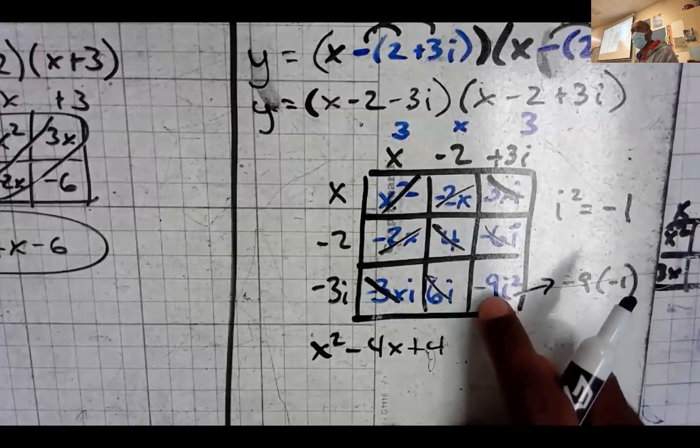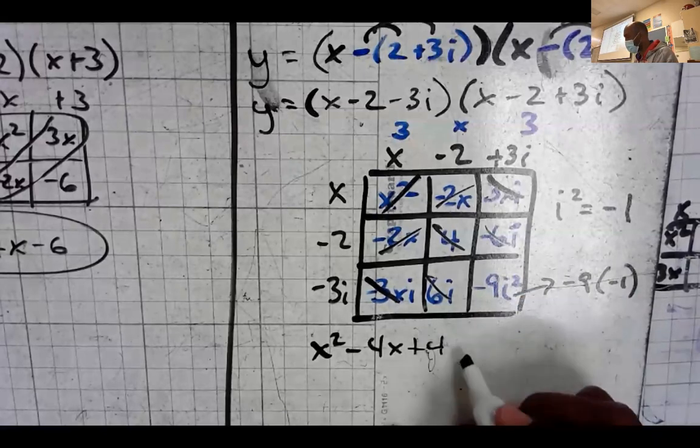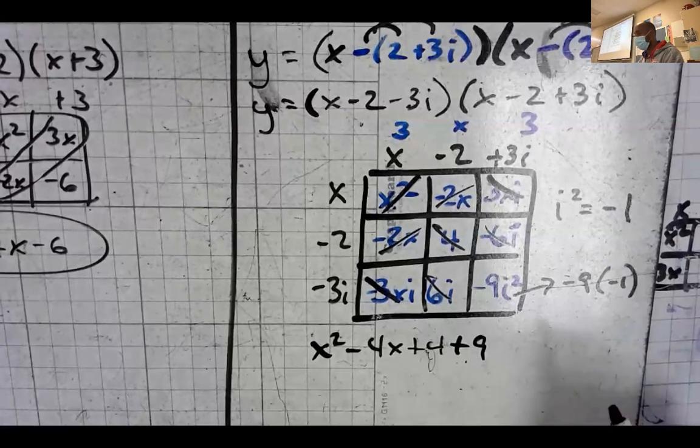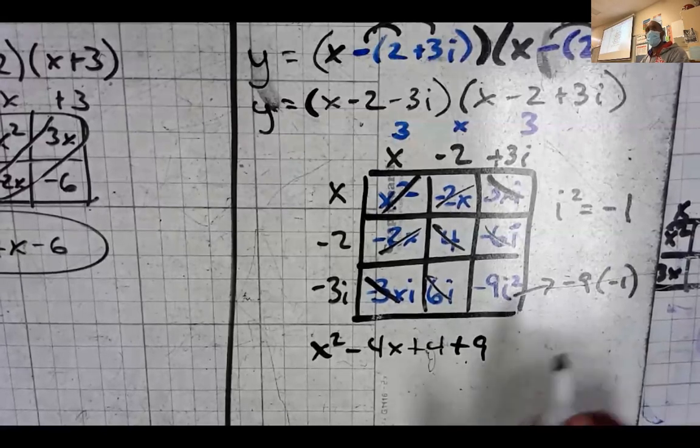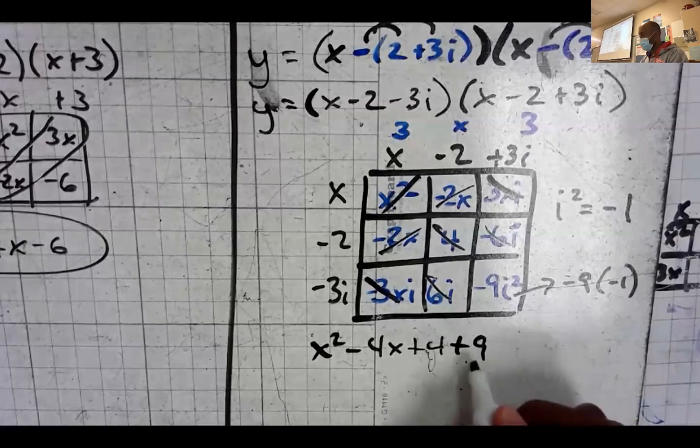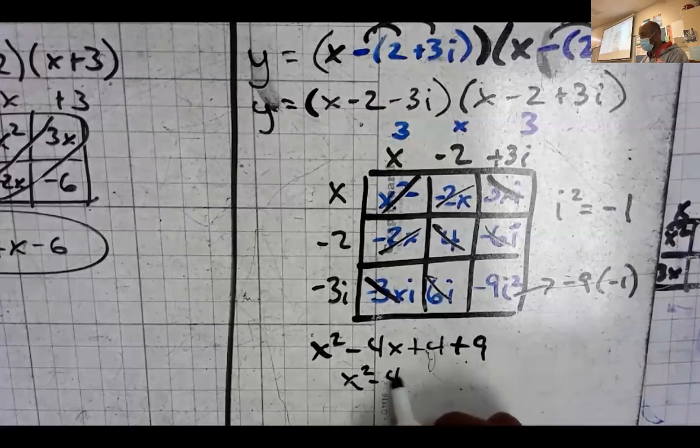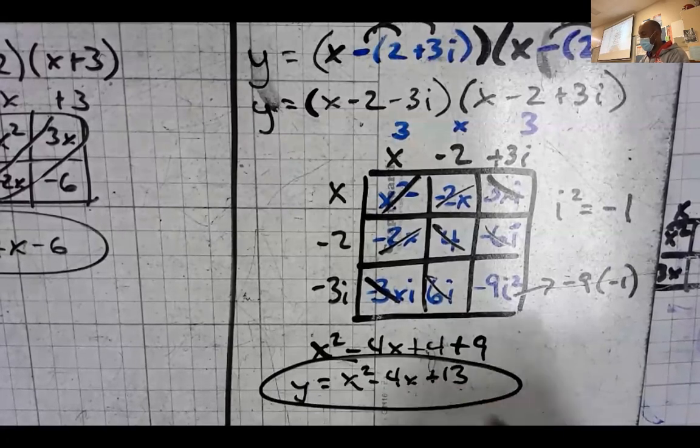So now I'm doing whatever that number is times negative 1. So here it's positive 9. And then the last step here is just to add up those like terms, because now 4 and 9 are like terms. So now I have x squared minus 4x plus 13.